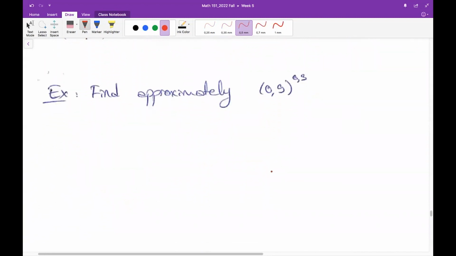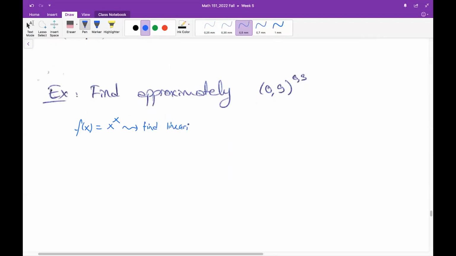with the next example. Find the values of this strange expression approximately. So here, to approximate the values of this power thing, you can use this function, right? Okay, so we want to approximate the values of this function at the point x equals 0.9, so we will find the linearization of it.